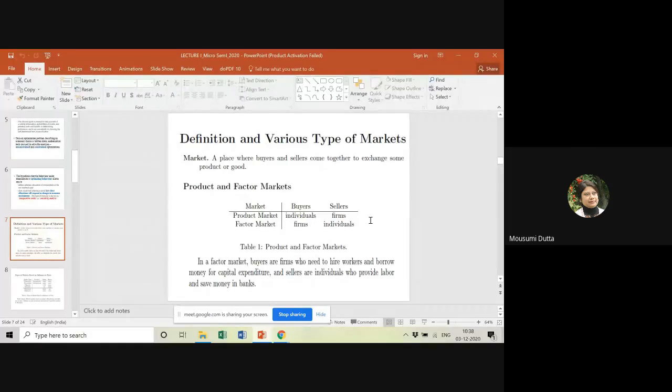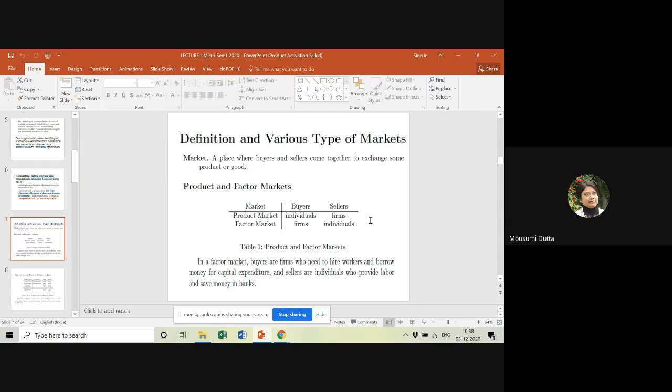One group is demanding commodities, and another group is supplying them. If we divide the whole set into these two mutually exclusive subsets, we need a space where these two groups will interact with each other.